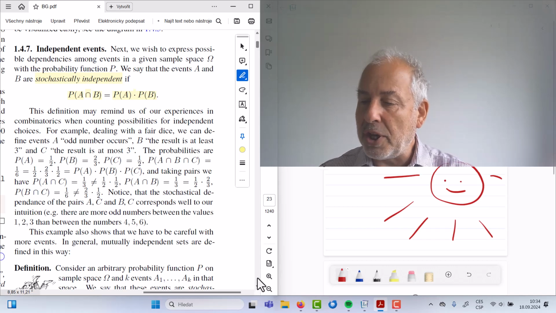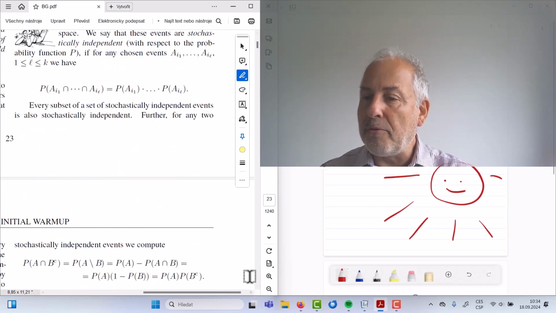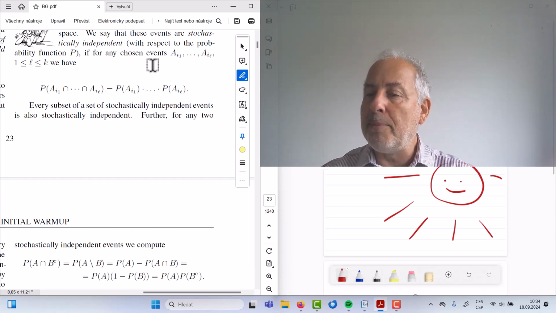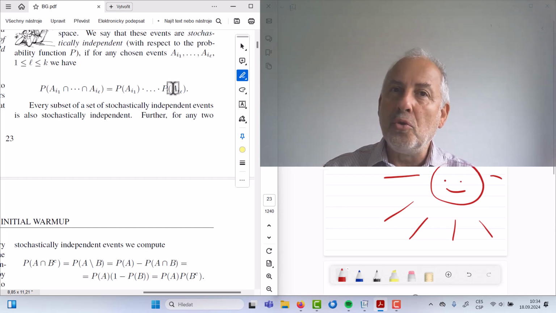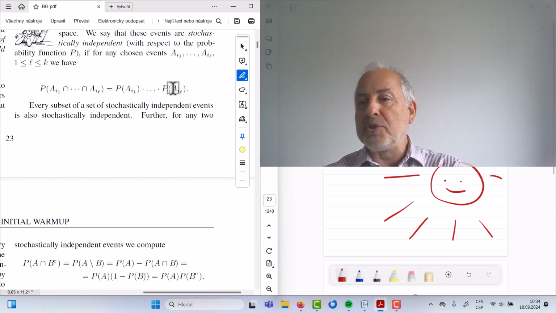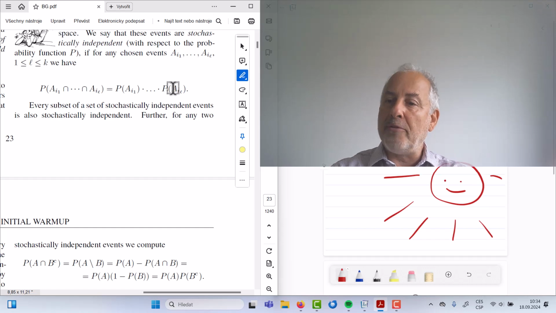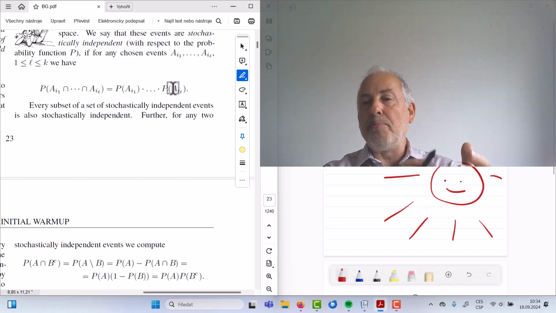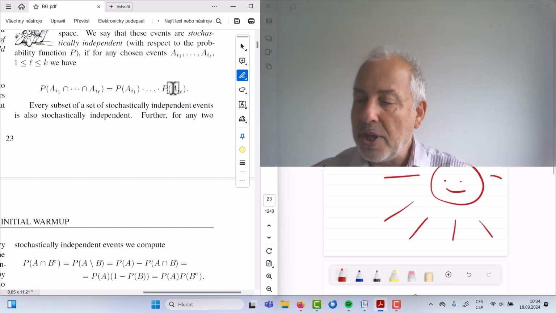But what's nice is that we define events to be stochastically independent if the product rule holds for all the subsets of our set of events, right? So that's important, that we want to have the stochastic independence for all the subsets. So each couple of them is mutually independent, and then the same for each triple, etc. Right? So that's the thing.